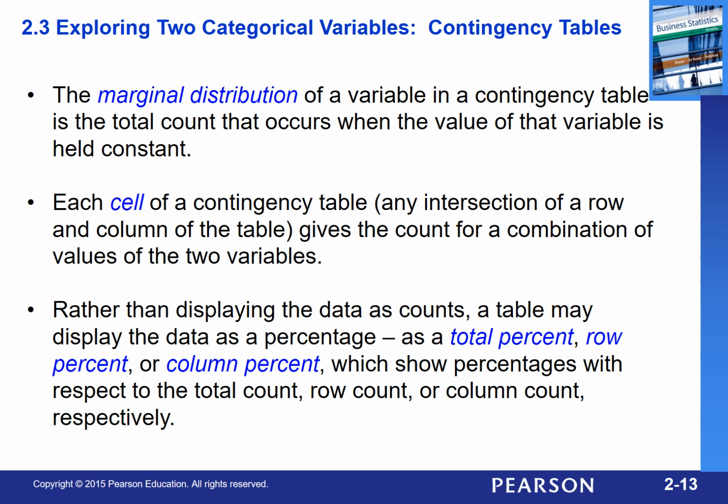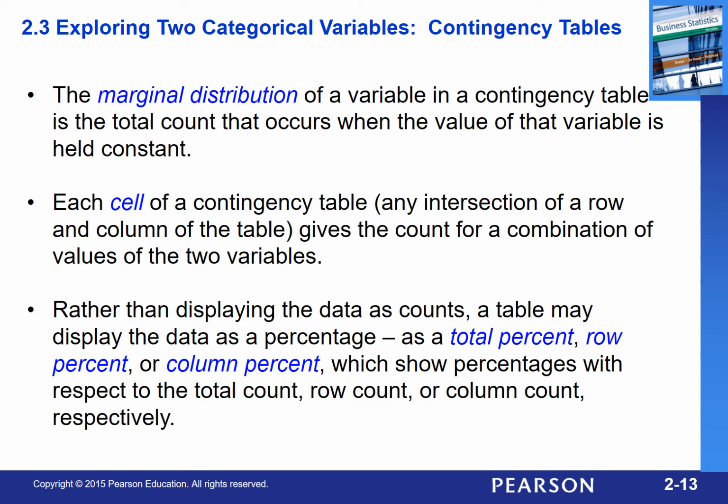All right, so when you're looking at contingency tables, this is the kind of information we're going to be looking at. We're going to be looking at what are called marginal distributions, which are a way to look at the variables as if one of them was not present in the interaction. We also can look at individual cells to understand what's going on between the two values. And then rather than displaying just counts, we also can do percentages in three different ways, since there will be variables going down columns and across rows, as well as the total.